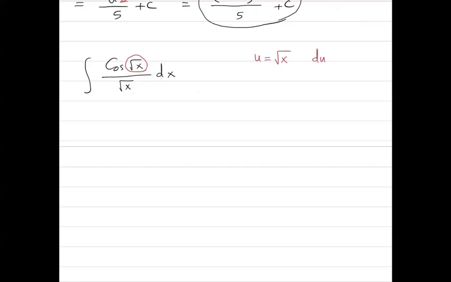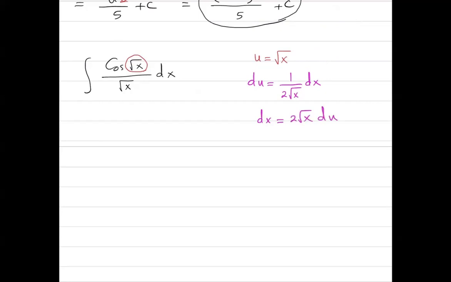So du, let me use a different color. Du is equal to 1 over 2 times square root of x dx. Perfect. So dx can be written as 2 times square root of x du.